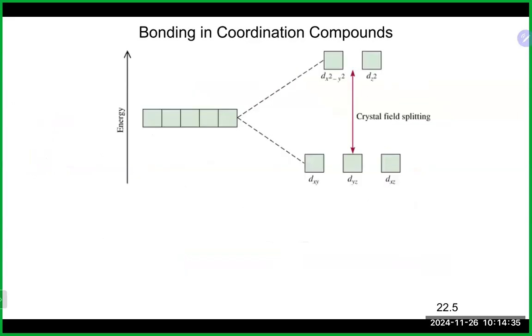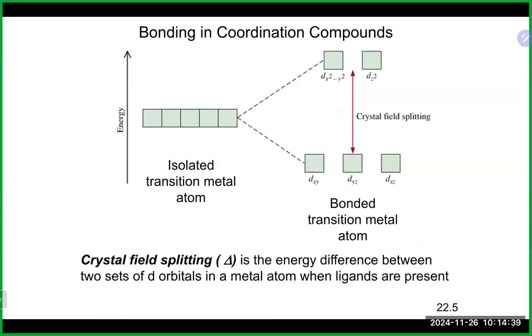But now when these transition metals come in contact with or near a ligand and start binding, there's actually a change in the energy of the individual d orbitals within that d subshell. And they actually split off differently in terms of energy.